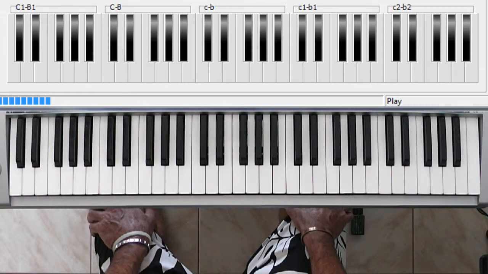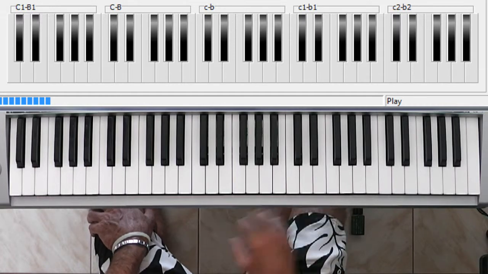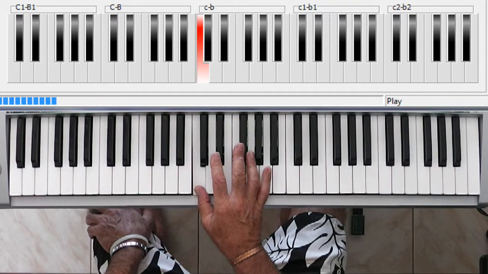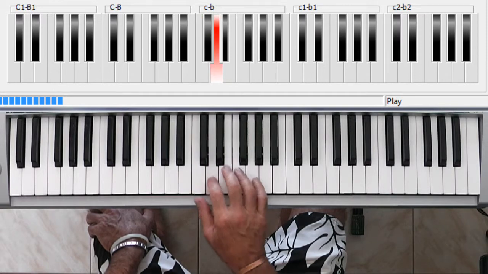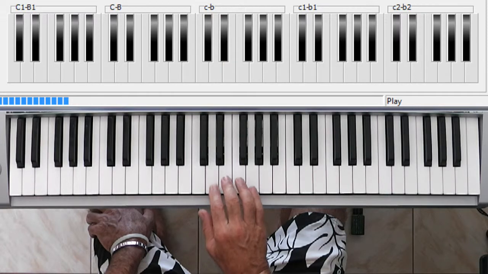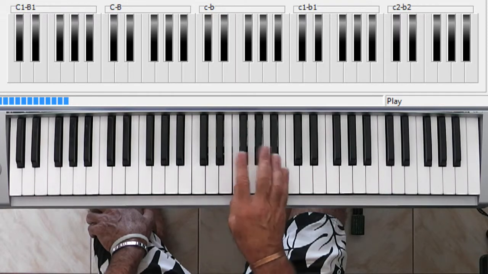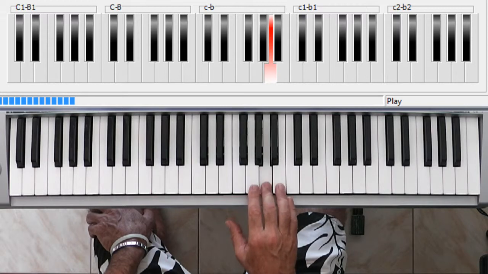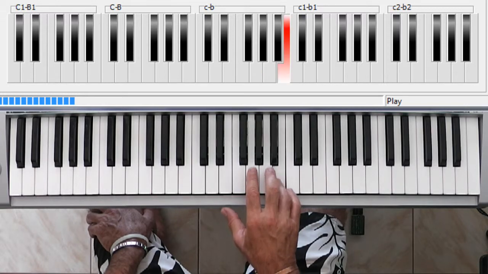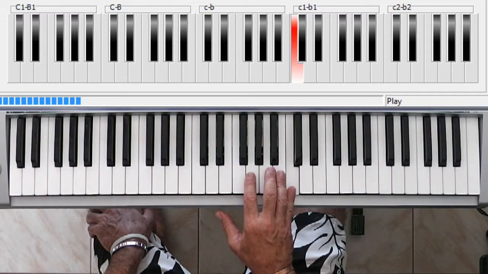He had the genius idea of, what if I could assign a note as a number? So if I was in the key of C, for instance, the C would be the 1, the D would be the 2, the E the 3, F 4, G 5, A 6, B 7, and we're back to the 1.